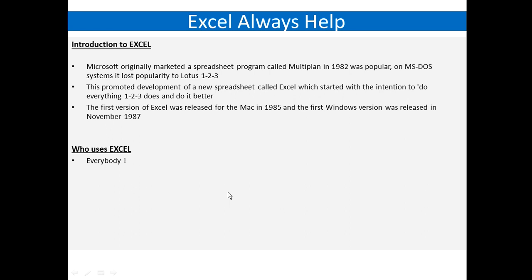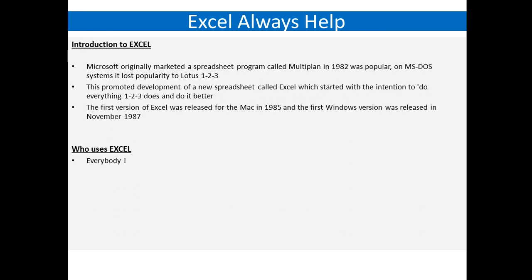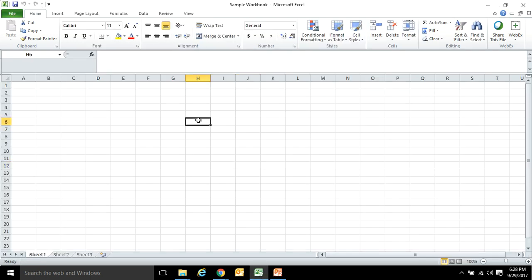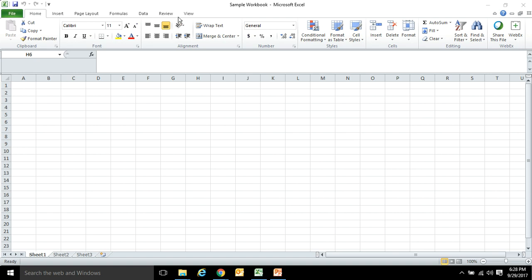So we're going to now quickly jump on to learning ribbons or the tabs that we have. We're going to quickly open a sample Excel file, look at it, and learn some of the elements here, and then we'll move on to the recap session. What you see here on top: Home, Insert, Layout, Formulas, Data, Review. All of these are various tabs or ribbons that are available.